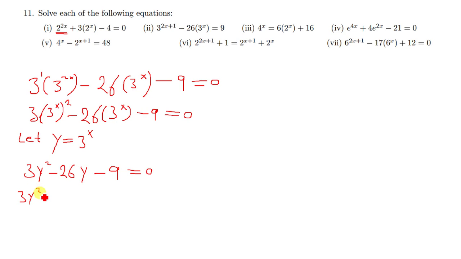What just matters is which one is going to be positive and which one negative. I think we're going to have a negative 27. So we have positive y, then negative 27y, minus 9 being equal to 0. Here we factorize, we write our y, then we have 3y plus 1, then minus 9, 3y plus 1 is equal to 0.